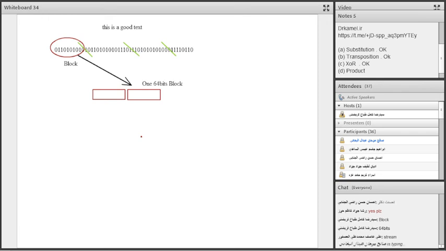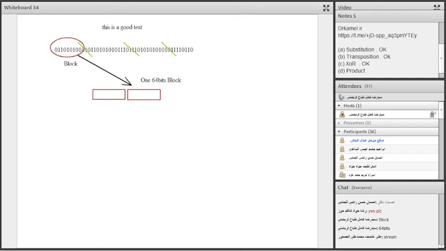The second step is converting the stream of binary to blocks. It depends on the methods. For example, they use 64 bits. So if the block is 64 bits, the system will divide your text into blocks.